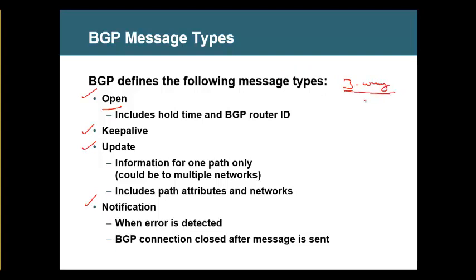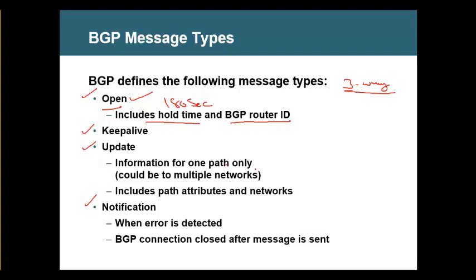Immediately after the 3-way handshake, the very first BGP packet will go, which is called the open packet. That open packet will go and tell the neighbor that I'm coming from this BGP router ID, and my hold time is this. What is the hold time? 180 seconds. How often are the keepalives sent? 60 seconds. Hold time is 180 seconds.